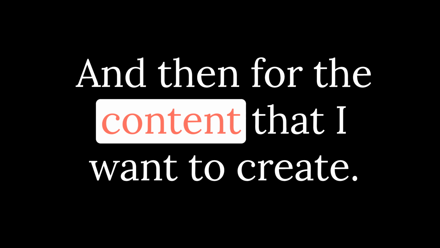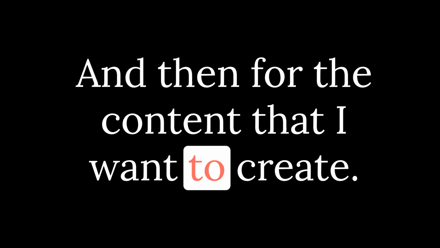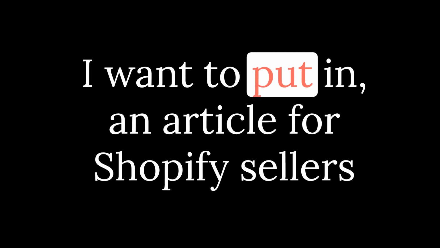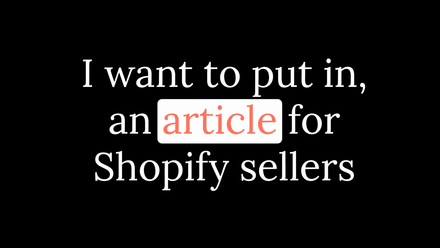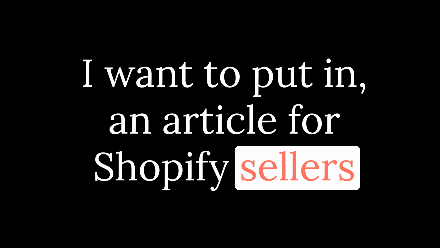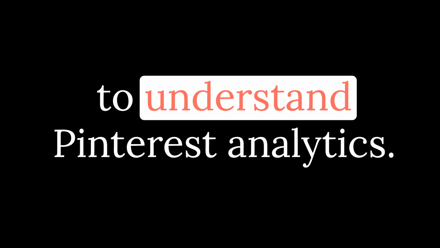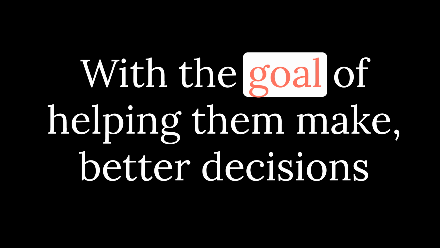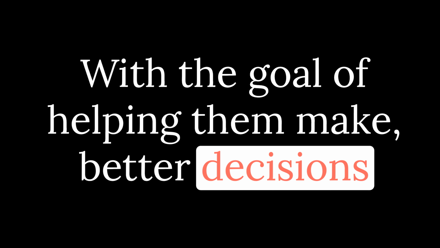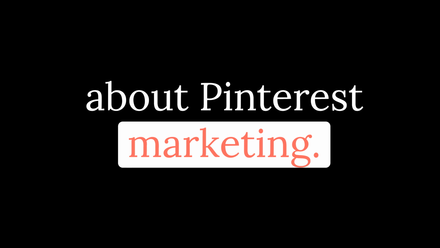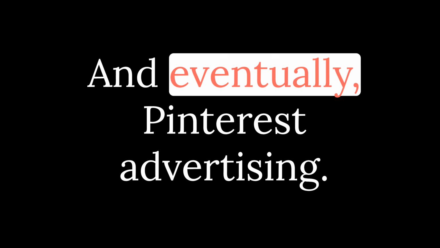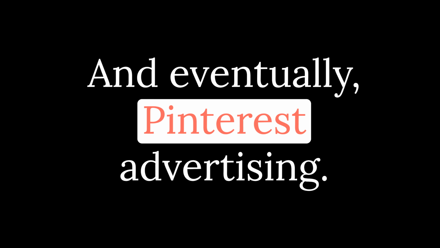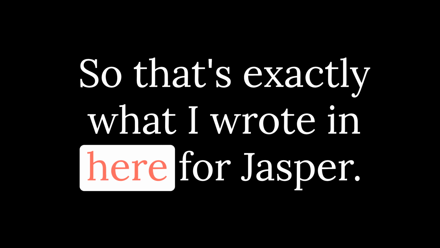And then for the content that I want to create, I want to put in an article for Shopify sellers to understand Pinterest analytics with the goal of helping them make better decisions about Pinterest marketing and eventually Pinterest advertising. Okay, so that's exactly what I wrote in here for Jasper.